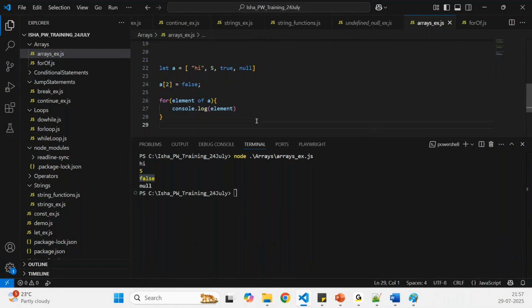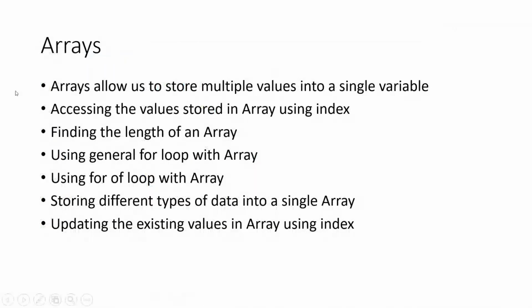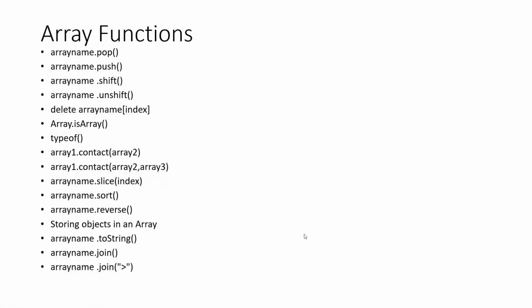That is about what we have covered: how to store different types of values in a single array, and updating the existing value in an array using the index. So far we have done all these, then we will go over each of the array functions that we have. Any questions so far?